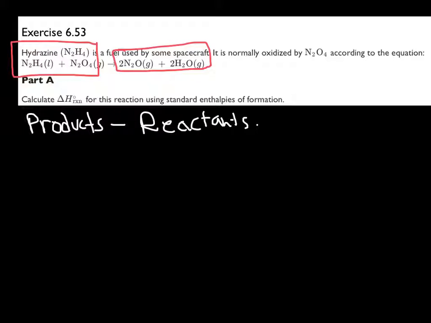Anyways, back to this. So we're going to put the products subtracted from the reactants. We have the products, which is what? We have, in parentheses, 2N2O gas plus 2H2O, which is also a gas. I should probably write that in.